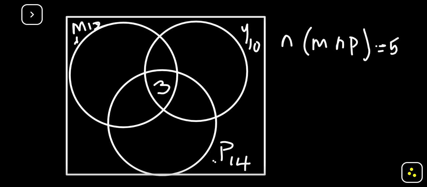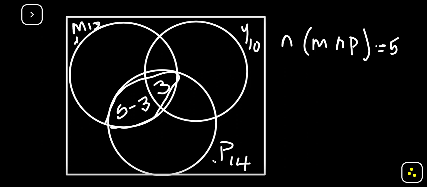This means that this whole shaded part here is 5. But we already have the value for those that sell all 3 items, 3. So what would make it a total of 5? 5 minus 3 is 2. So basically here will be 5 minus 3.